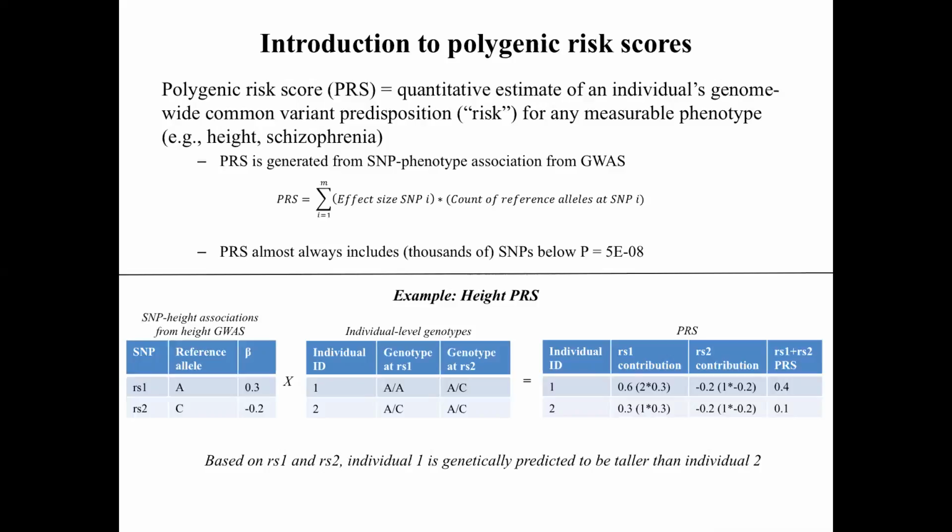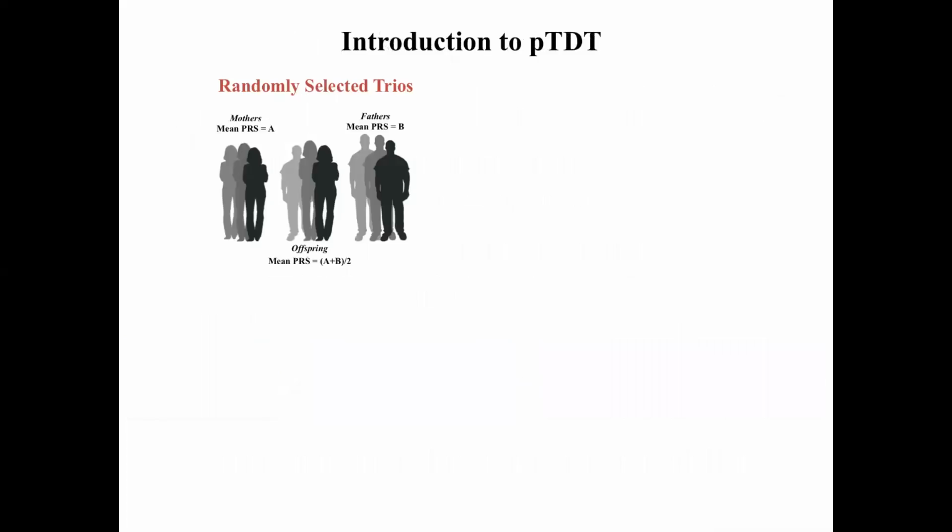It's that framework that we go on and apply in our method. So if you continue with the example of height, imagine that you ascertained a cohort of trios, so offspring and parents, and you ascertain them at random.